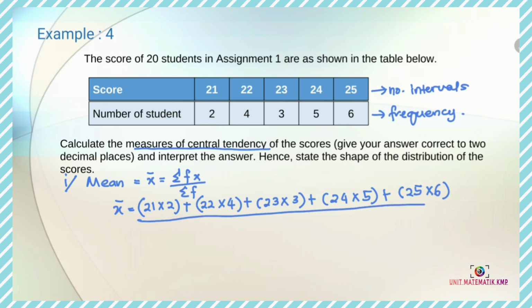And we have to divide by the total of frequency. Here is 2 plus 4 plus 3 plus 5 plus 6, or we already given here 20.